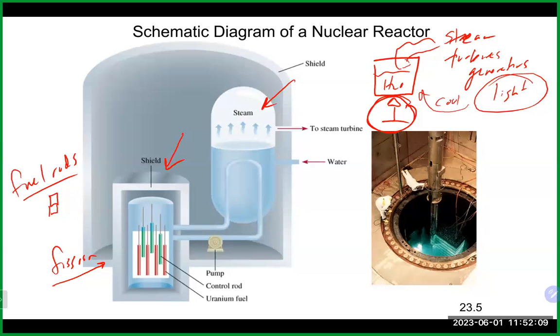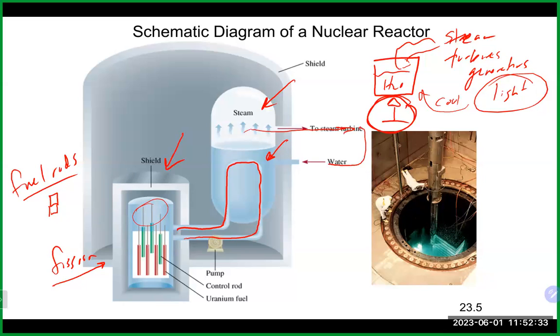As the fission reaction occurs, it generates a lot of heat, and they have a water reservoir in here. All that water gets super, super hot, and that heats this other reservoir of water, which is a little further away from the nuclear fission reaction. That creates our steam and out to our generators.